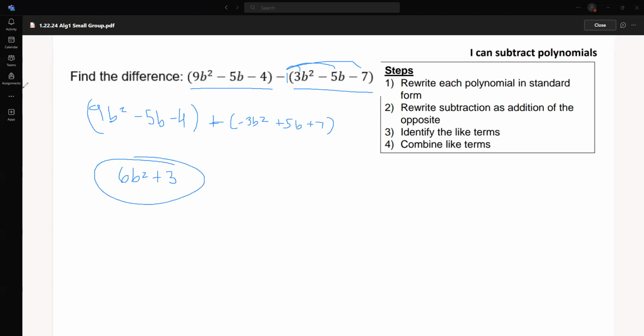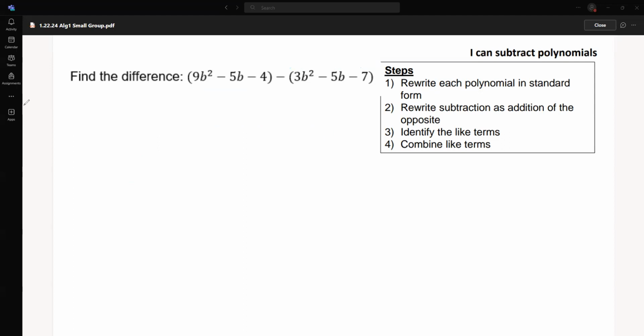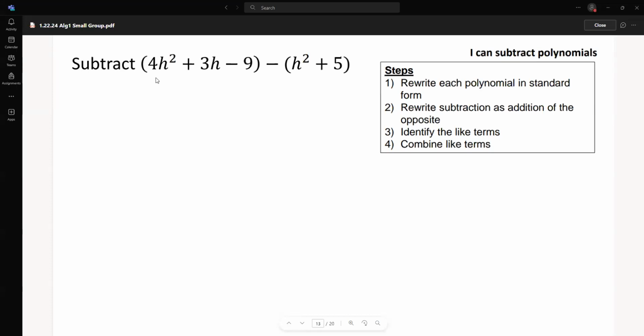Let's go to the final problem. Let's subtract 4h squared plus 3h minus 9 minus h squared plus 5. So immediately, write each polynomial in standard form. Well, lucky for us, it's in standard form.